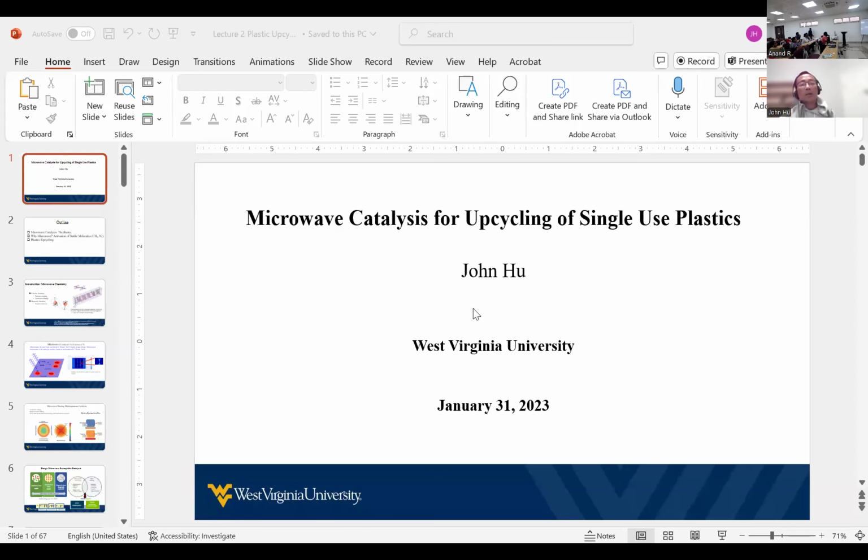Another topic, if I have time, is microwave catalytic upcycling of single-use plastic. Plastic recycling is a big problem, but plastic upcycling. So basically, we turn waste plastic into hydrogen, and of course, that hydrogen can be used for ammonia. We also turn the single-use waste plastic into monomers and hydrogen.